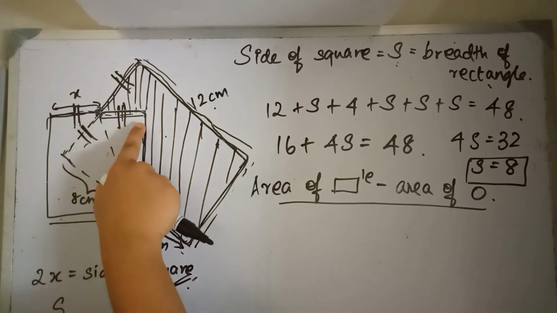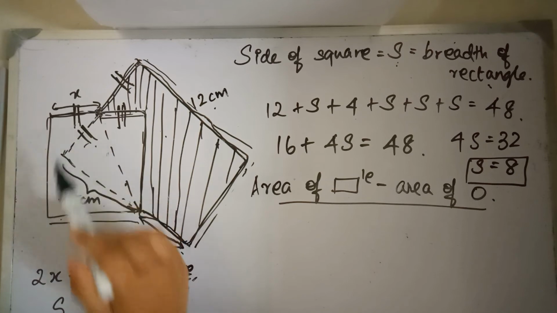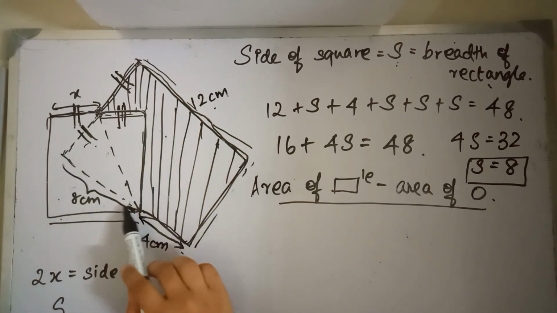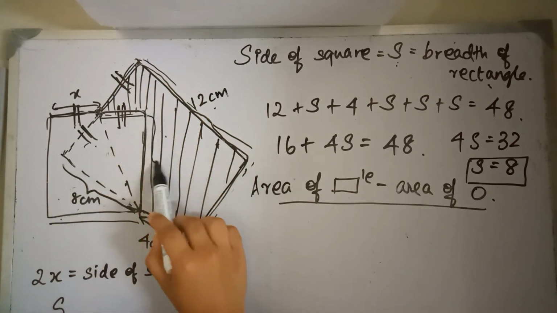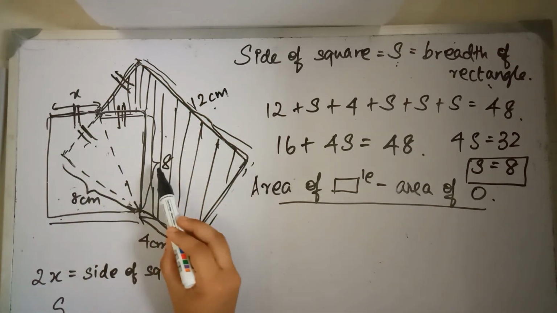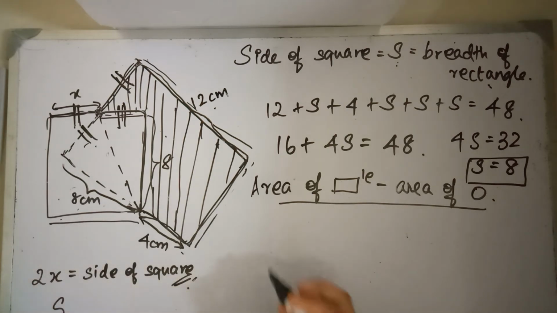This and this are equal, since it's already signified in the figure by this sign. Also, this side and this side are equal because this is 8 cm and we know that the side of the square is also 8 cm. So these two are also equal. So they actually result in two equal triangles.